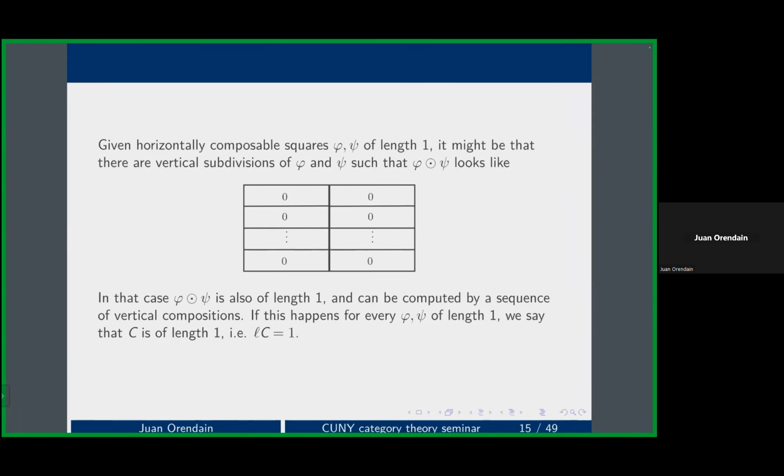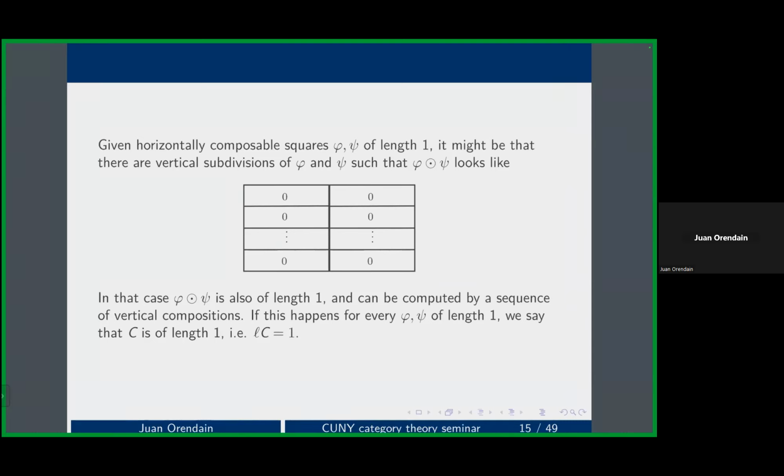Now suppose phi and psi are squares of length 1, and they're horizontally composable. It might be the case that you can find vertical subdivisions of phi and psi such that the horizontal composition of phi and psi looks like this. So you can find decompositions of phi and psi into squares of complexity 0, where the squares match horizontally.